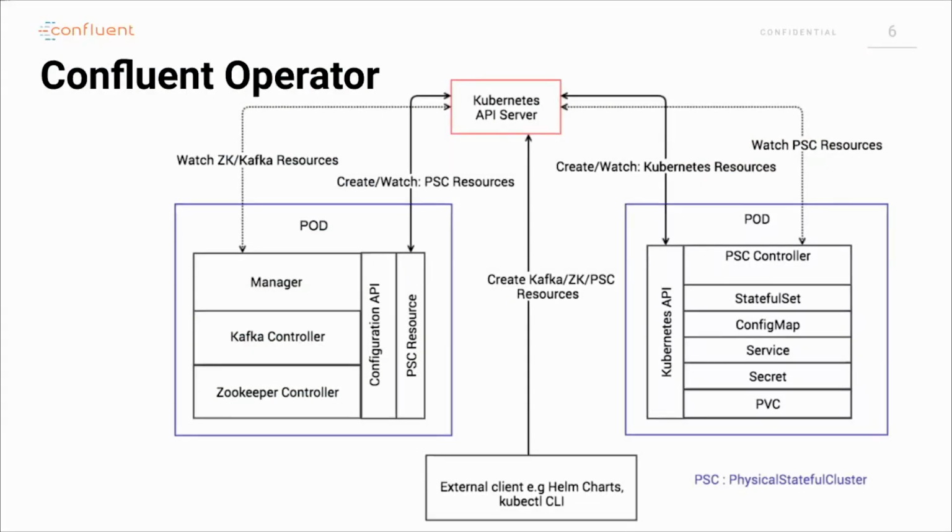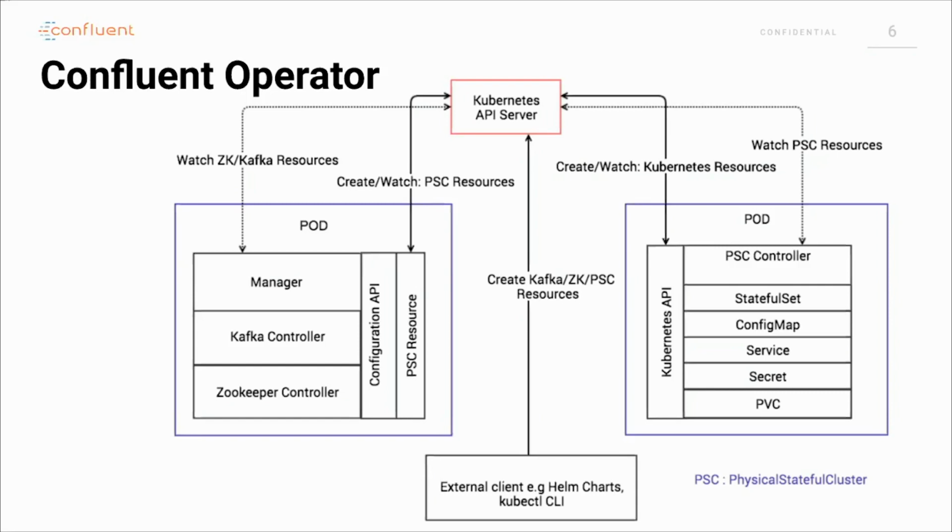Confluent Operator itself has a two-part architecture. On the left side you see the manager, which manages two controllers, the Kafka and Zookeeper controllers, which use a configuration library that has all the default configurations for each component. That creates the PSC resources, which are custom resources, and applies them to Kubernetes.